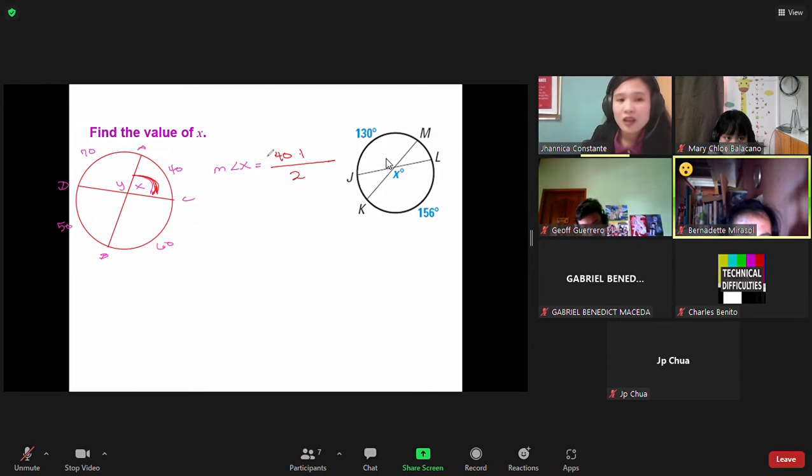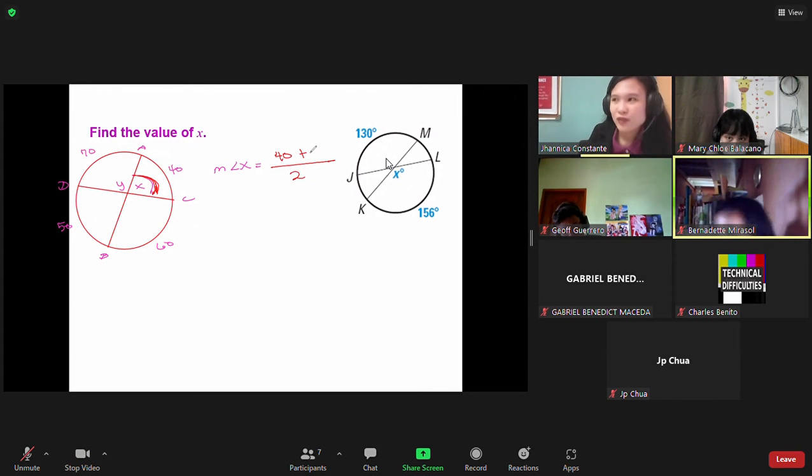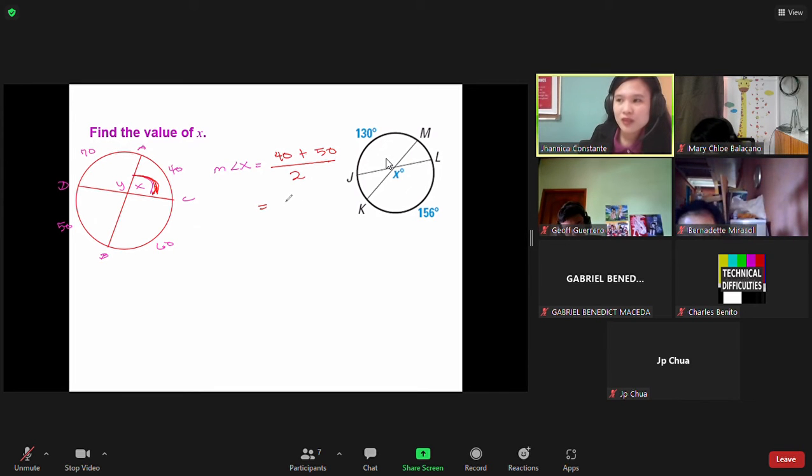Plus the arc at the back of angle X, which measures, ano ang arc na nasa likod ni X? 50. So 40 plus 50 equals to 90 divided by 2. So 90 divided by 2 is equal to 45.